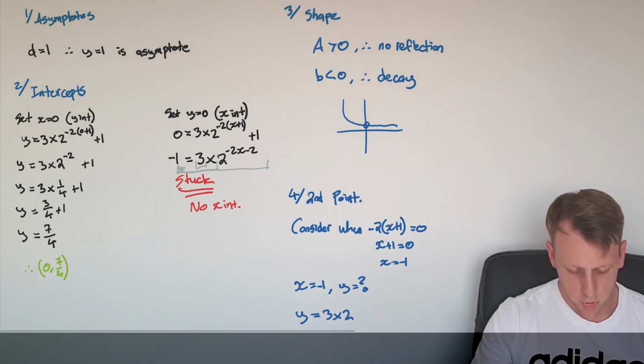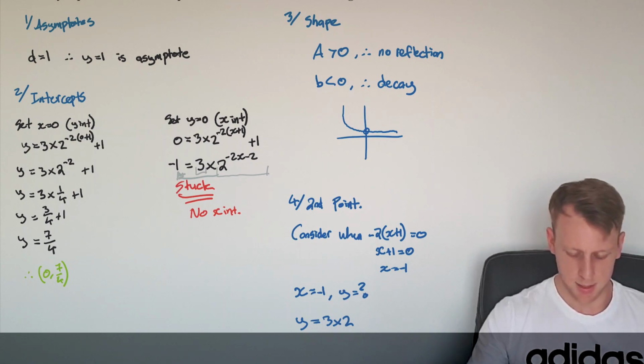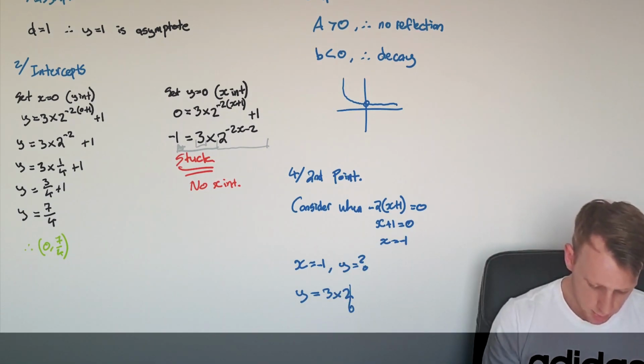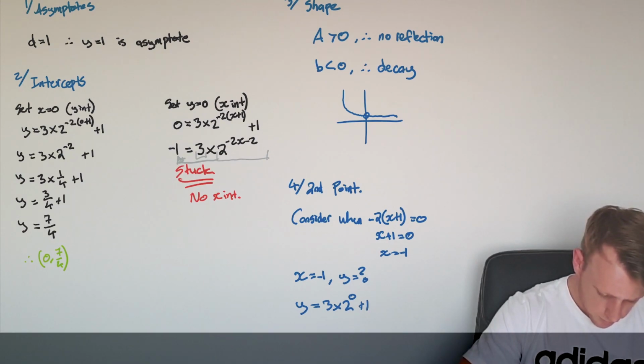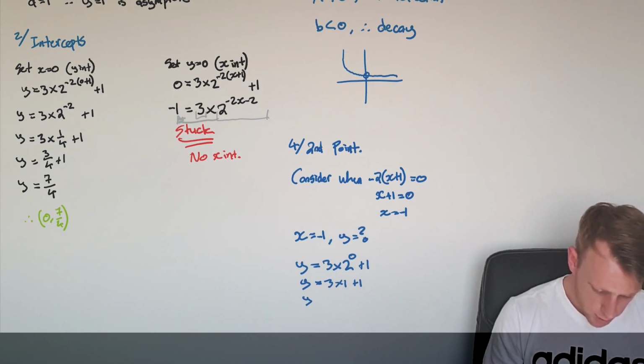The way that we've structured this, we're not going to write in 2 to the power of negative and then substitute in when x is -1. We know this power is going to be 0. That's why we wrote it plus 1. So that means we've got y equals 3 times 1 plus 1. So we get y equals 4.